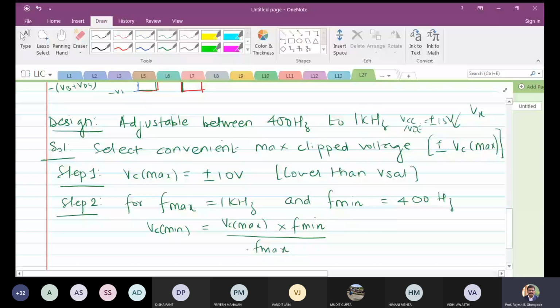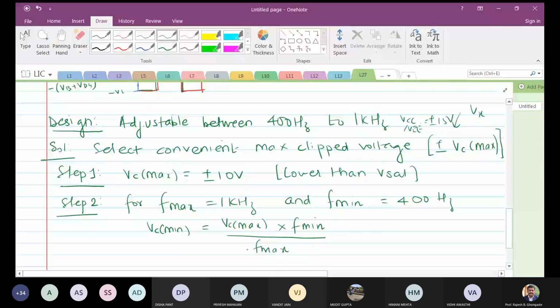Okay. Step 3, maximum bias voltage. We call it VB max, which is your VC max minus the diode drop, which is 10 volts minus, we'll assume it to be a silicon diode, 0.7 volts, giving me 9.3 volts.